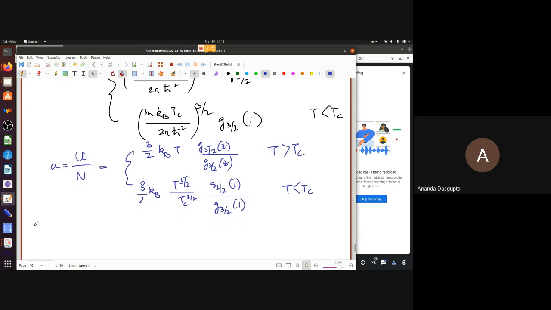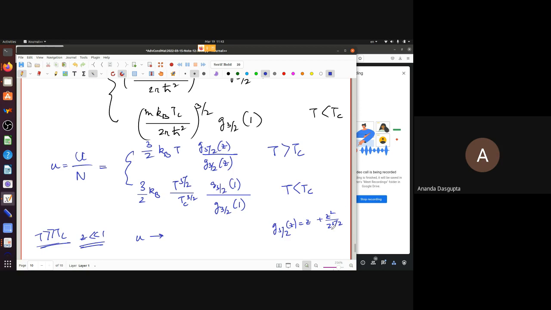Now, one thing, if T is much, much bigger than TC, that is, Z is very small. So can anybody tell me what this ratio is then, when Z is very small? So, 1, because g_{5/2}(Z) looks like Z. g_{5/2}(Z) is actually Z plus Z squared by 2 to the 5/2 and so on.